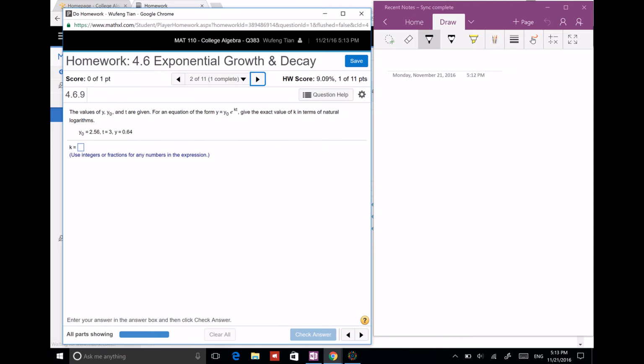And this one, the values of y0 and t are given for the equation y equals that. So basically plug in 2.56 times e to the power kt, with t equals 3 and y equal to 0.64. Then you solve for k.